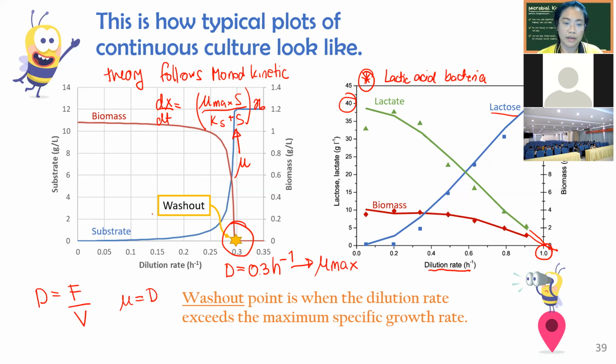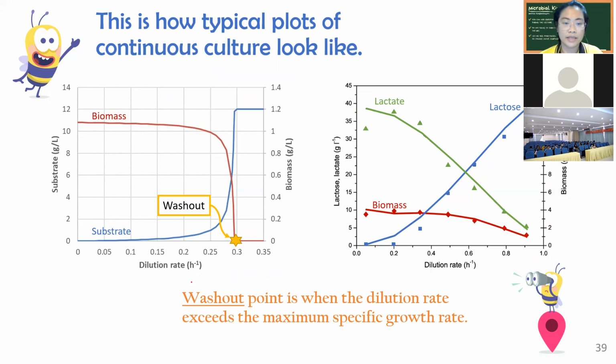A point to note here is that the point that washout occurs is when the dilution rate is higher than the maximum specific growth rate. So we can estimate the maximum specific growth rate, which is the maximum dilution rate as well.